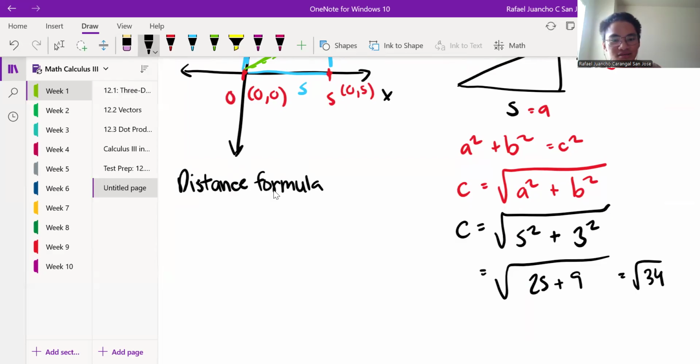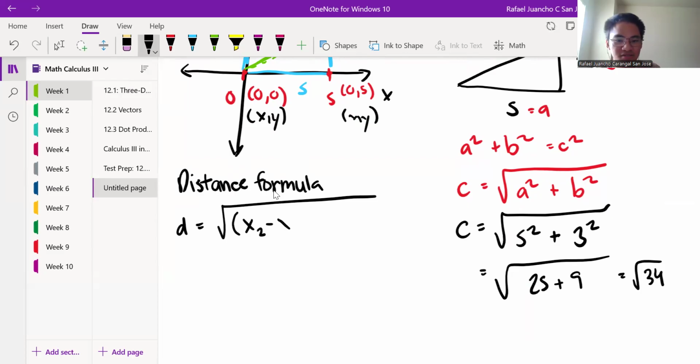So we just say this is some x, y, and some x, y. The formula for the distance is the square root of some x from a different point minus an x from the other point squared, and then I add that to y minus y1 squared.